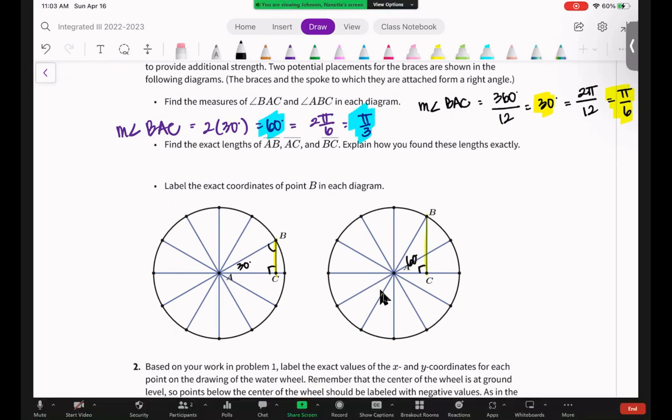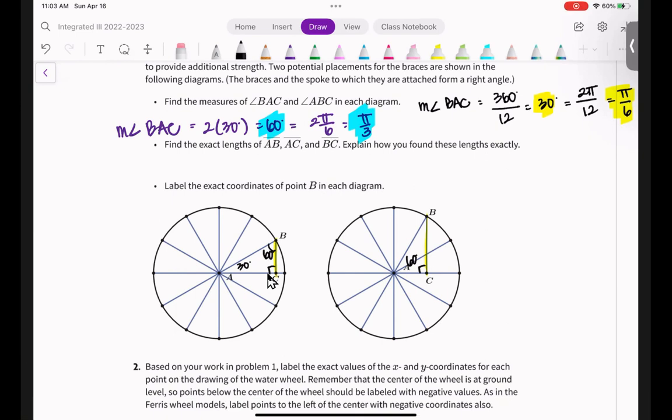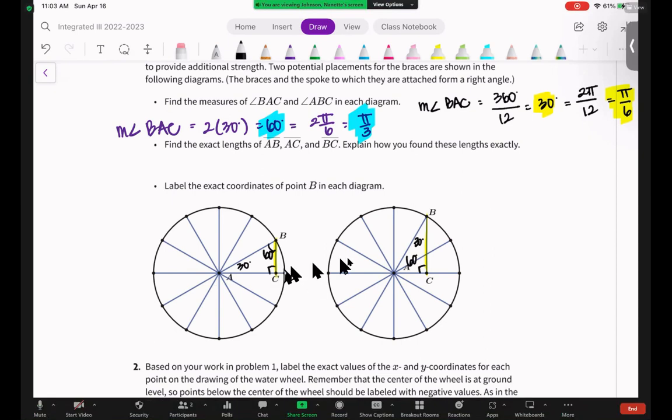So that means that this angle has to be 60 degrees because 30 plus 60 plus 90 makes 180. And then this would be 30. So these two triangles are actually the same triangle, just reflected or rotated differently. They're sitting in different ways.